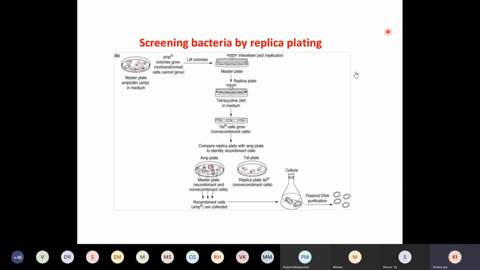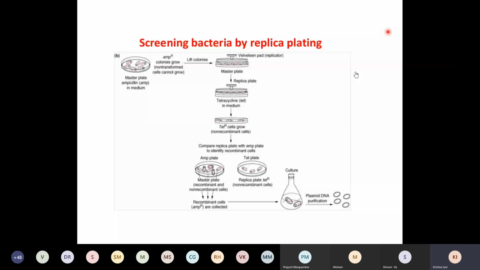It is very difficult to have such a long sequence which is palindromic. So we rarely have genes which are palindromic. What we end up having is genes which are surrounded on either side by small sections which are palindromic, and that is what we cut out. Okay, so that was a doubt by Mohare.